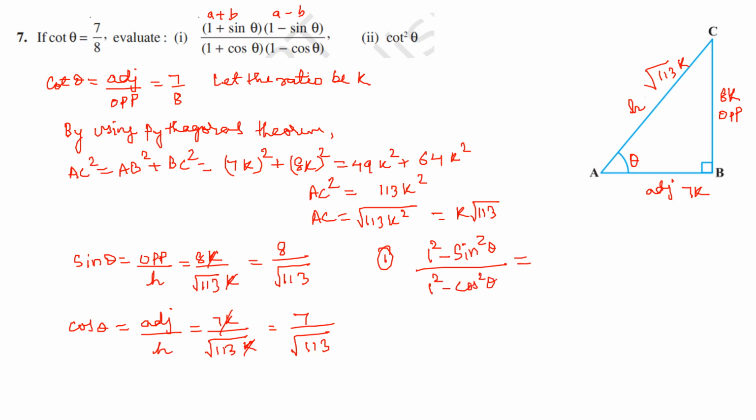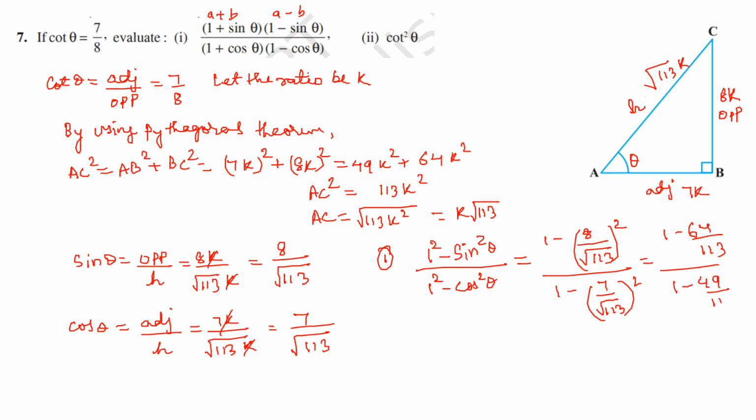Now 1 square is 1 only, minus sine square theta is 8 by root of 113 whole square by 1 minus 7 by root of 113 whole square. This will give me 1 minus 64 by 113 by 1 minus 49 by 113.